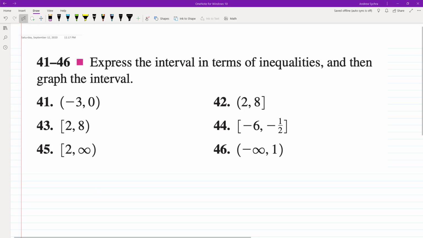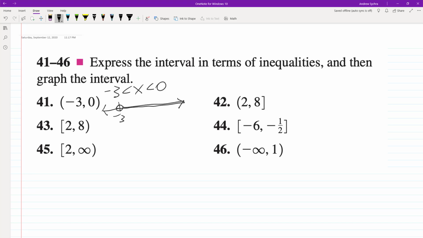Yikes. All right, so something like this.